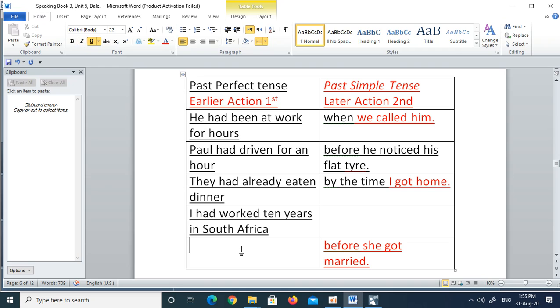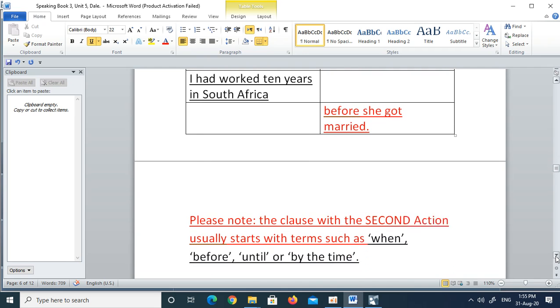The action that comes here is the first action, so it must be in the past perfect tense. So give me a missing clause here and give me a missing clause there. Alright, pause your videos and on your paper complete those 2 sentences.